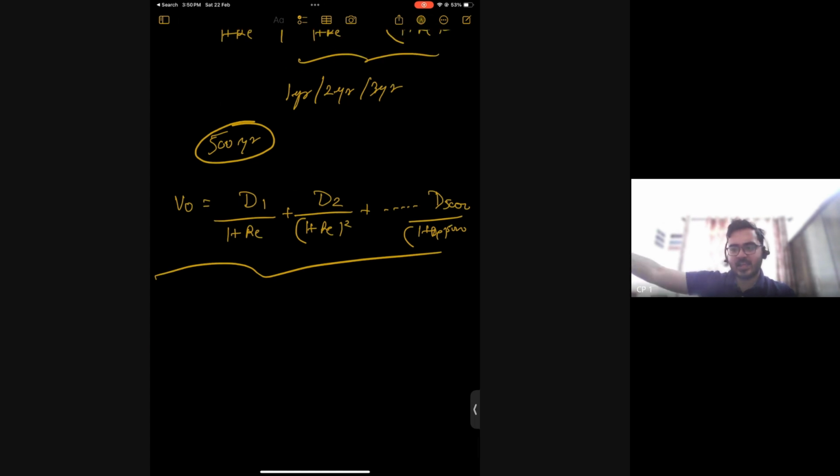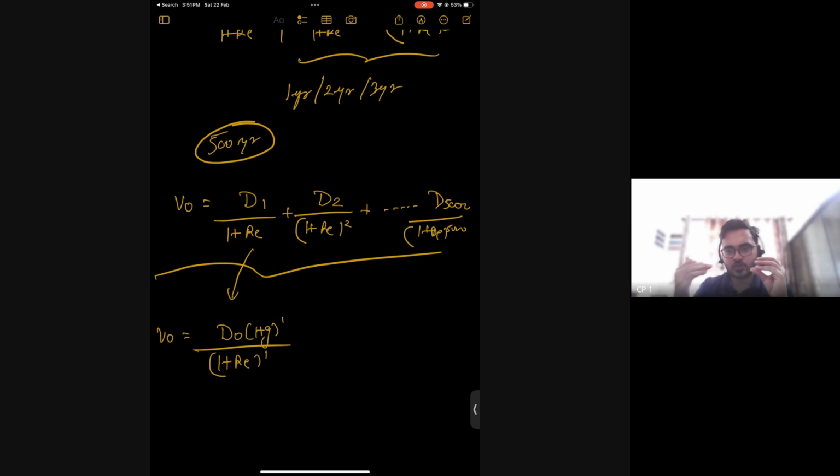And I can have more than 5000 as well. So fundamentally, if I just break this down further, value 0 is nothing but, so now I'm just decluttering it even more.